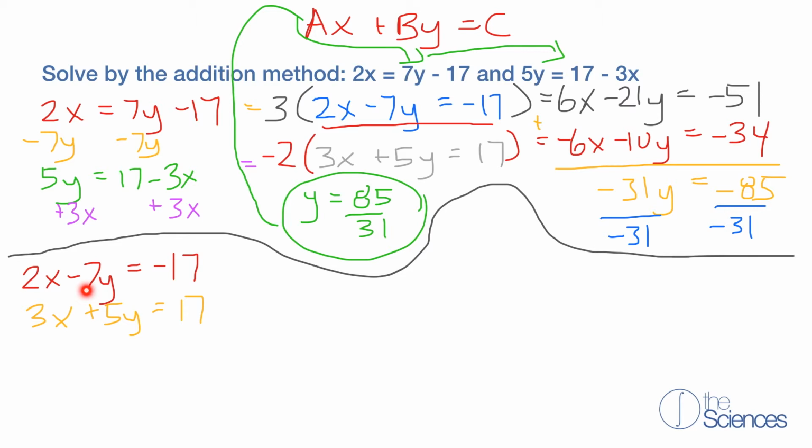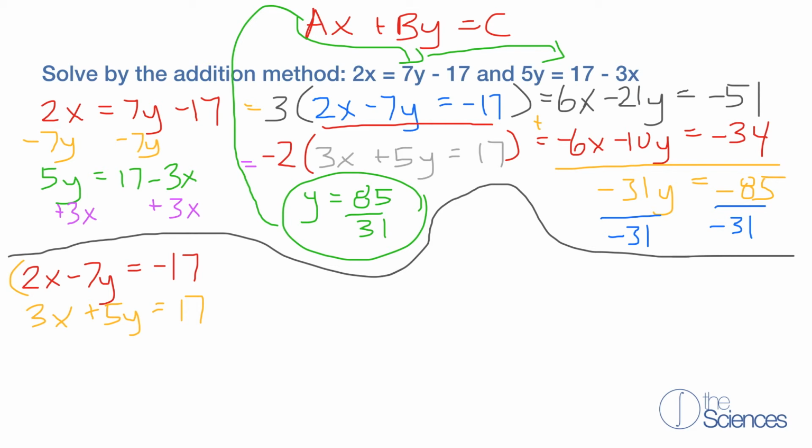So now to cancel out our y variable, we're going to have to get them in a multiple that is the same. So here we have 7 and 5. Now our closest multiple is 35. So we're going to multiply our first equation by 5, and our second equation by 7.